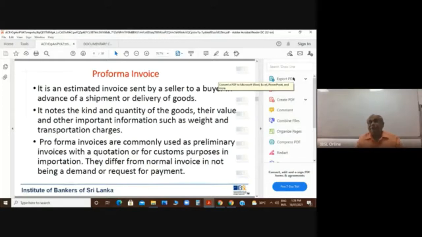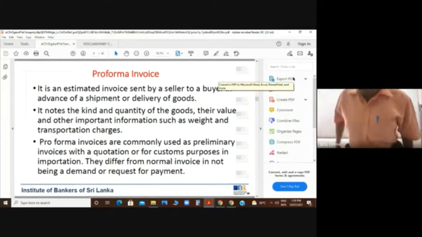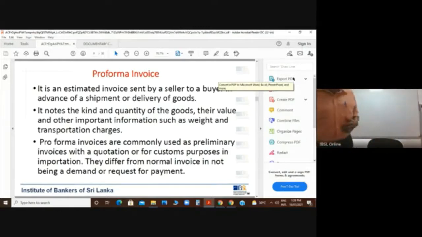Proforma invoice. A proforma invoice is an advance, estimated invoice. Last week I did with you, we talked about the contracts, isn't it? We talked about the sales contract. Yes or no?